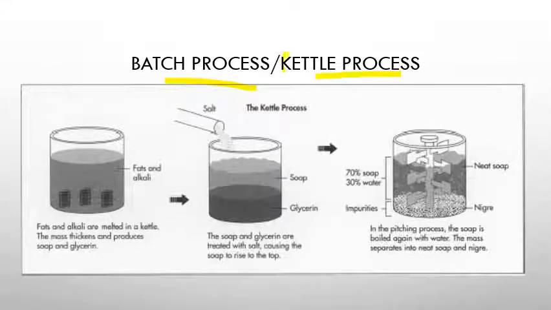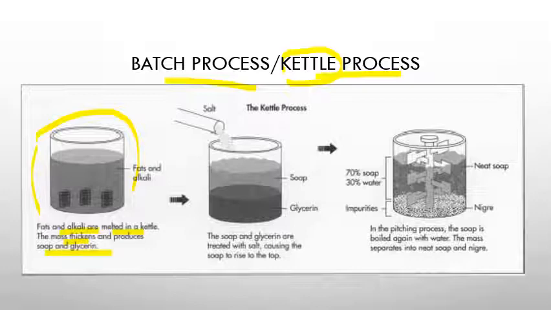What is a kettle here? The kettle is a large steel tank having steam pipes connected to the bottom of this tank. Fats and alkalis are melted in a kettle and the mixture thickens and produces the soap and glycerin.